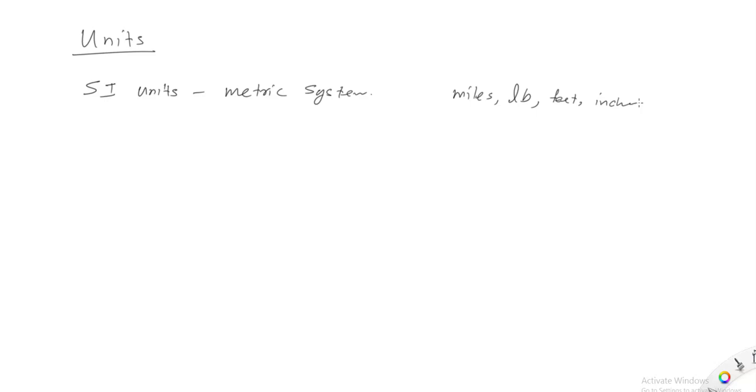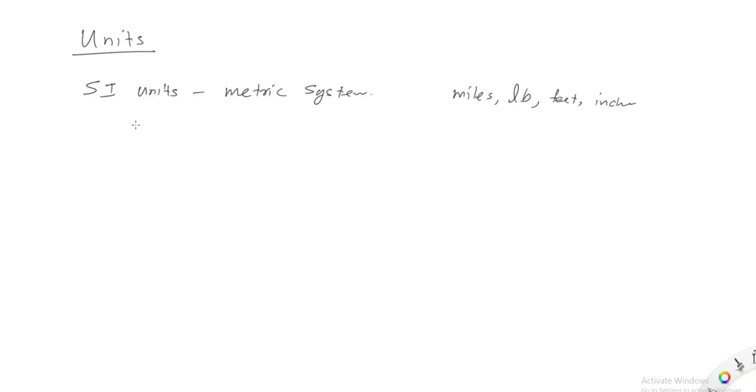But when it comes to research and technology, it's very convenient and widely accepted that we use SI units. So whenever you are writing research papers or any other research related stuff, you have to stay with the metric system. For example, if you're measuring some length, it has to be in meters or centimeters. It cannot be in inches or feet.